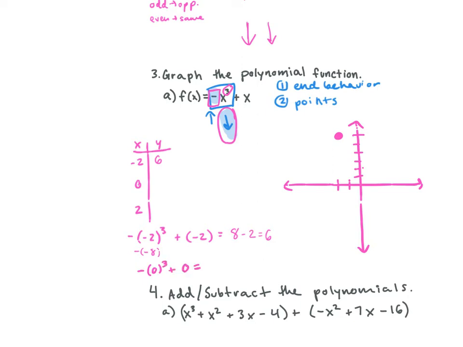So we put a point at 0, 0. And then lastly we plug in 2. So 2 cubed with a negative on the outside plus 2. What is 2 cubed? 8, but then we have that negative on the outside, so it's -8 plus 2. What's -8 plus 2? -6. So our next point's at 2, -6.